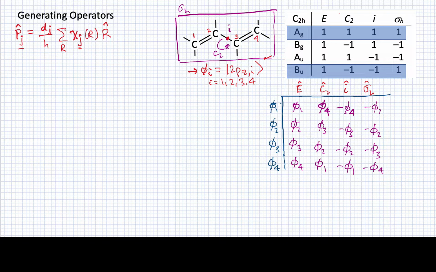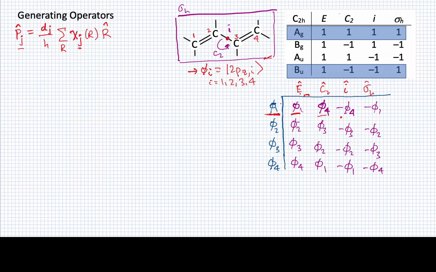Now, rather than reproduce again the actions of these various operations on the various 2pz orbitals, I've created a table down here to summarize it. So in other words, if I start with the 2pz orbital on atom 1 and I use the identity operation, I will get that same orbital back. Under the C2 operation, I will get the pz orbital that corresponds to atom 4.